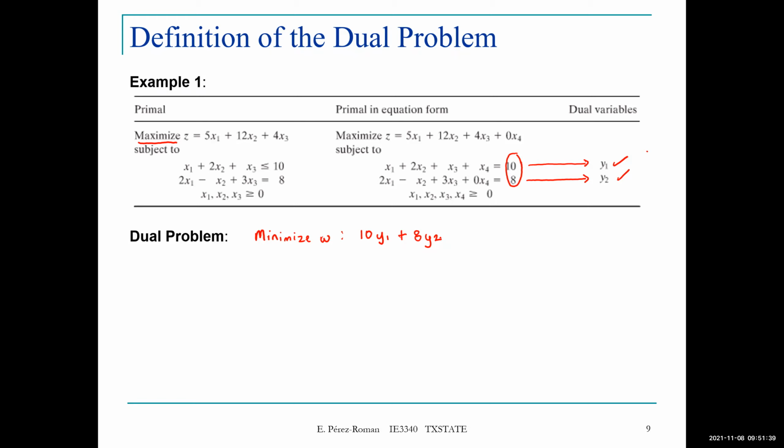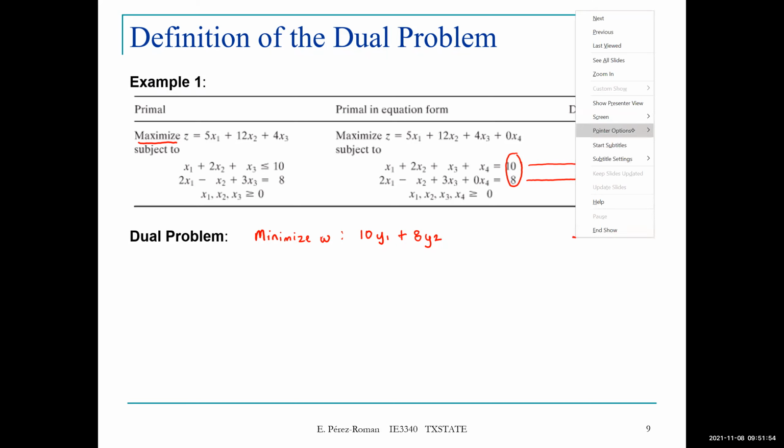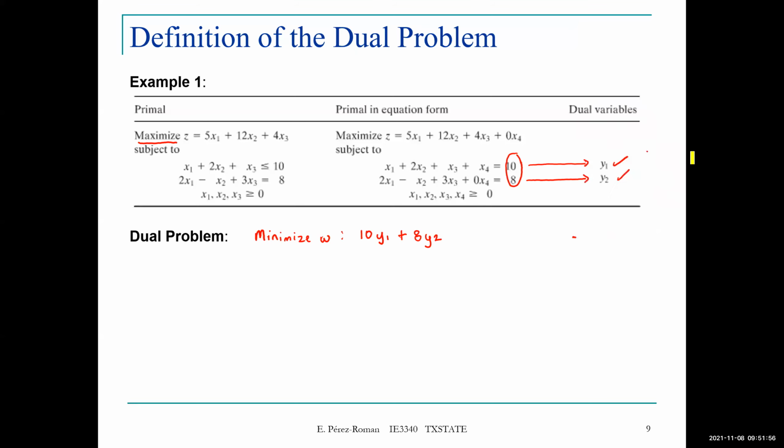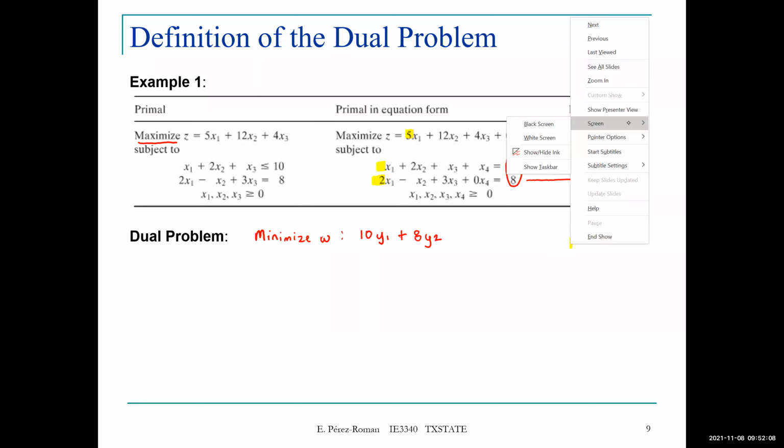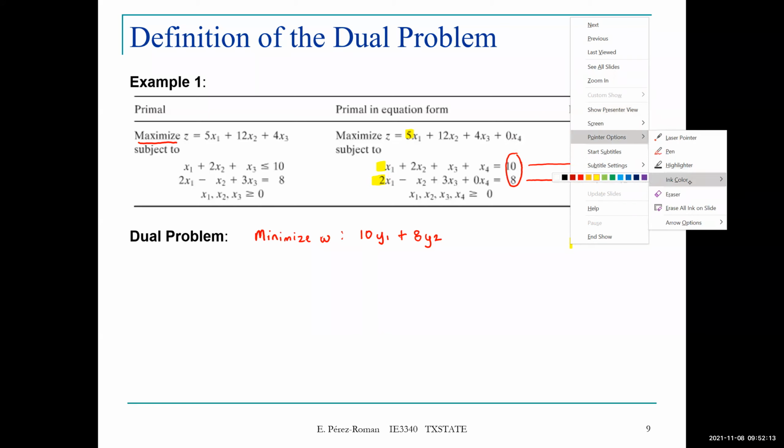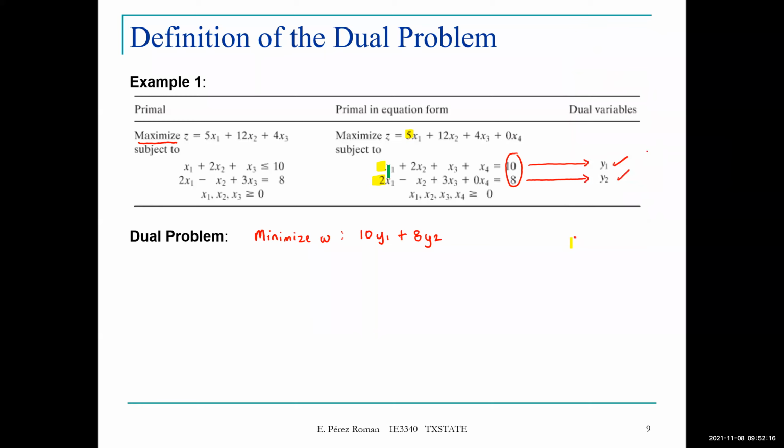Okay, so we formulated the objective function, and now we are going to proceed with the constraints. For the constraints, we're going to use the coefficients of the original objective function and the left-hand side of each of the constraints. So for example, my first constraint is going to use these coefficients. My second constraint is going to use these coefficients.